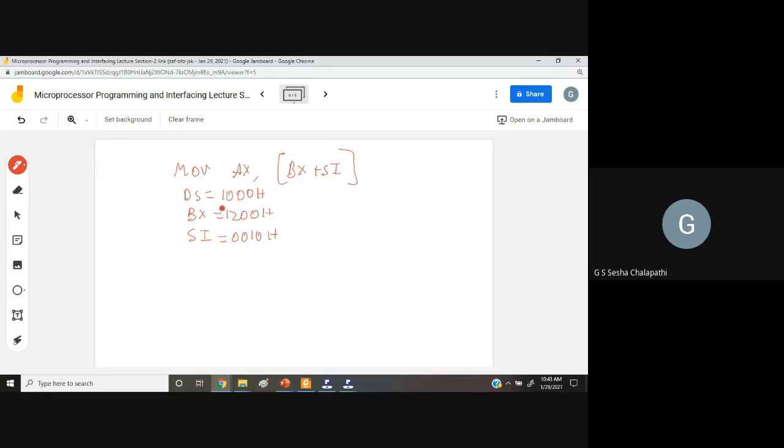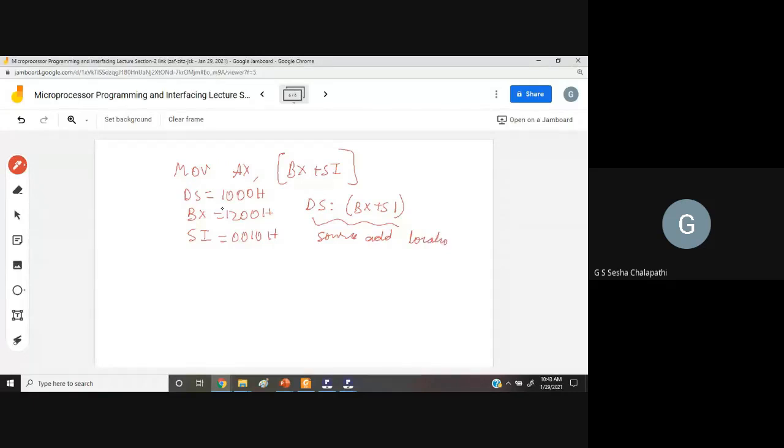Now what does it mean in this case? This will become DS:BX+SI. That will be the source address location.